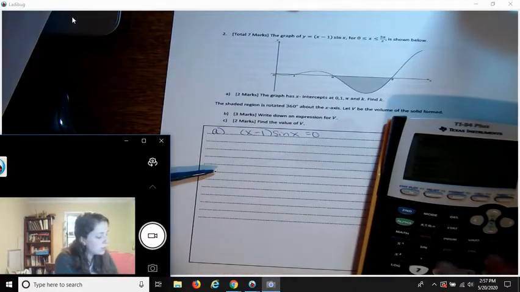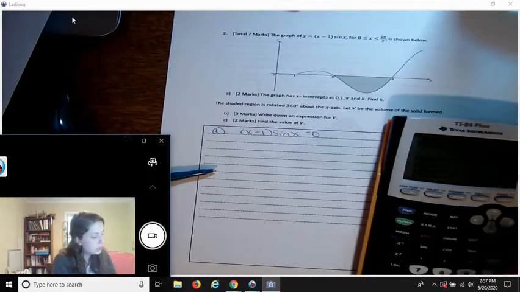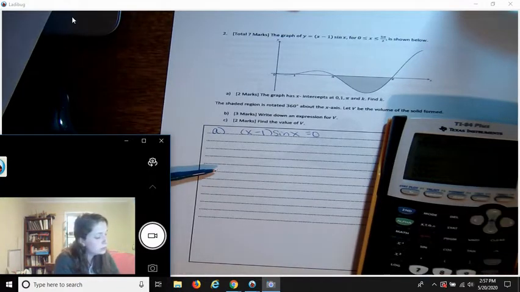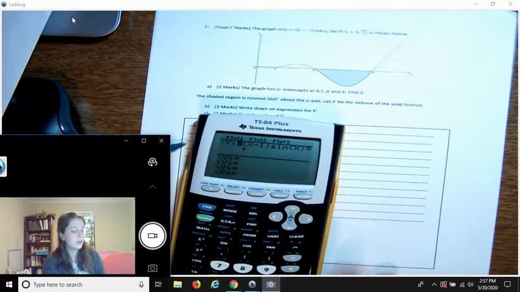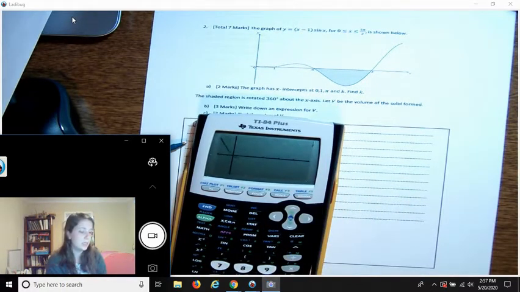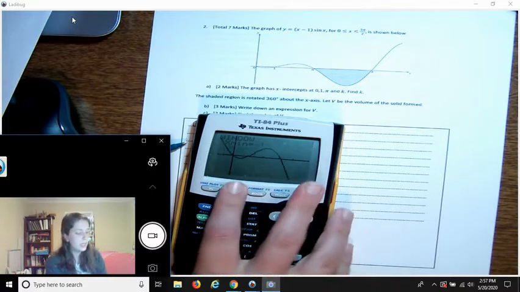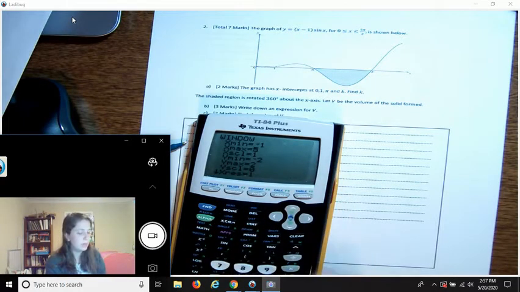So we would have x minus 1 sine x. Oh, now I need my light back. So we're typing that into our calculator, graphing it, and I'm probably going to need to make my screen a lot bigger. So I want to go out to maybe 10.